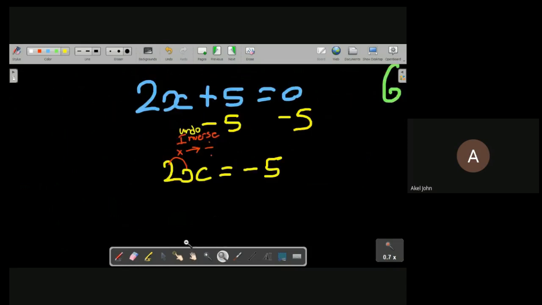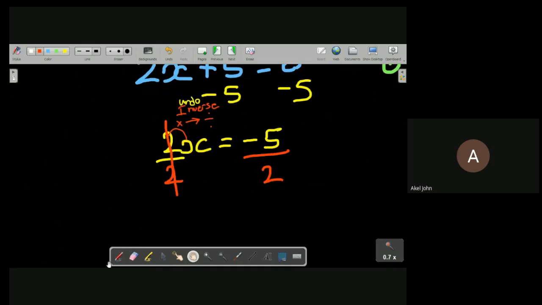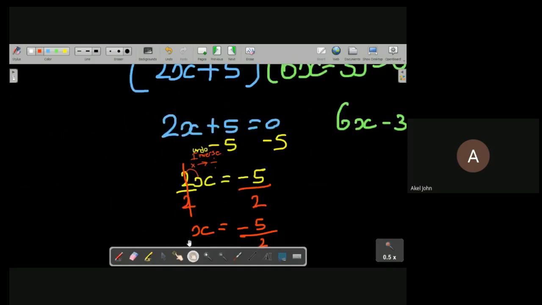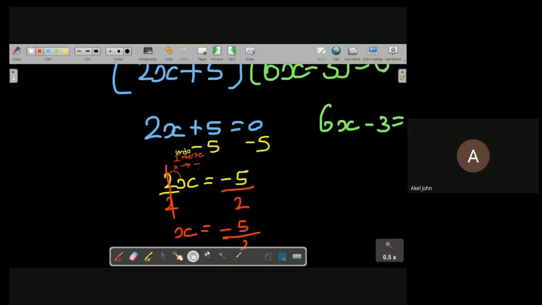Therefore, we need to divide by 2 on both sides. The 2 here would cancel out, leaving just the x. Therefore, x is equal to negative 5 over 2, and that would be one of the solutions.